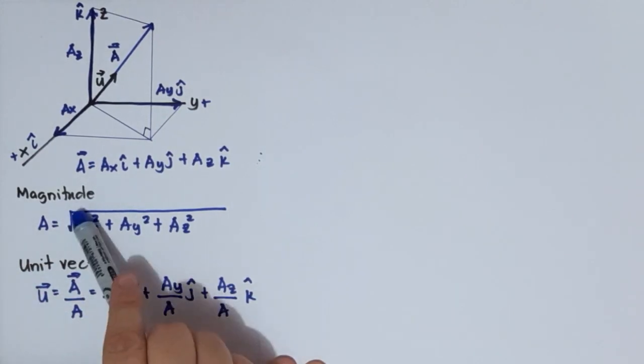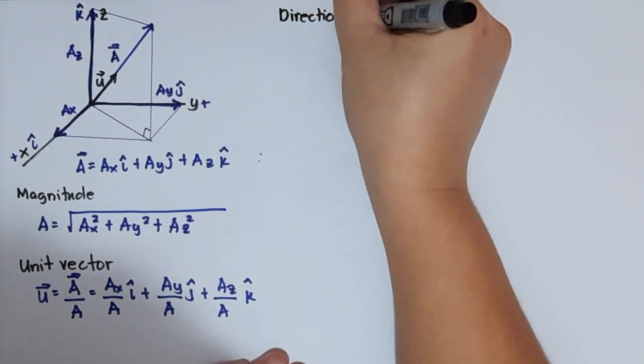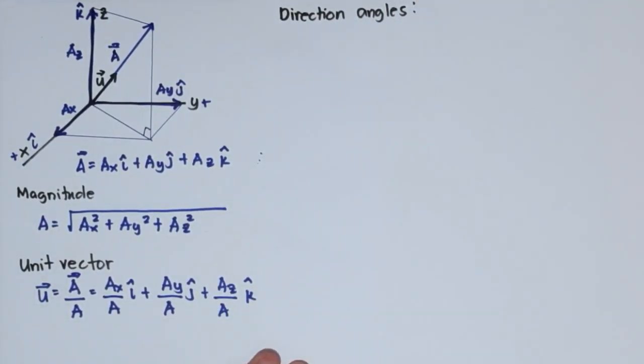So, other than the magnitude and the unit vector, we are also going to find the direction of the vector with reference to its positive axes. We call these direction angles. Please remember, this is the angle of our vector measured from each positive axis.